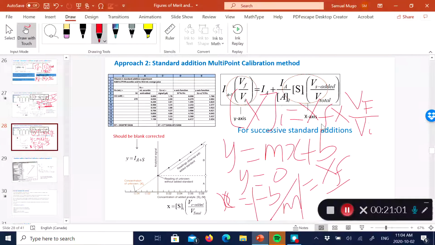You get the xf multiplied by the concentration factor, which is the total volume of the solution divided by the volume of the analyte that you added into each of the volumetric flasks. Okay, so that's the next approach of doing multi-point standard addition calibration.